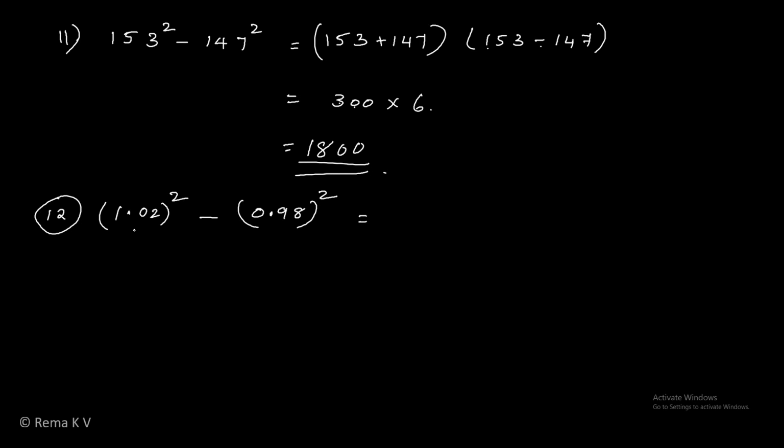See, this can be written as a square minus b square equals a plus b into a minus b. Find the sum of these two.